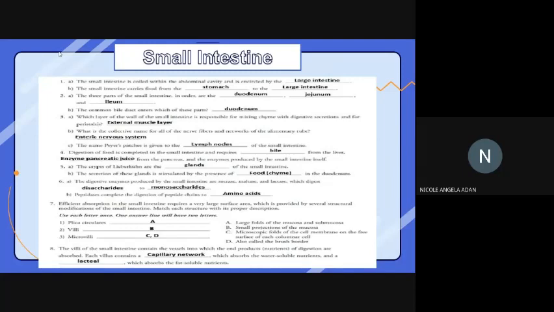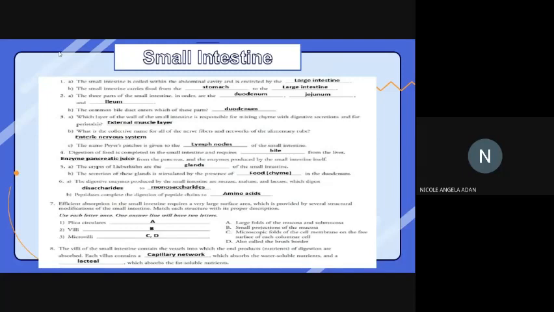The three parts of the small intestine in order are: the first part, called the duodenum, connects to the stomach. The middle part is the jejunum, and the third part, called the ileum, attaches to the colon. Letter B, the common bile duct enters which of these parts? The duodenum.